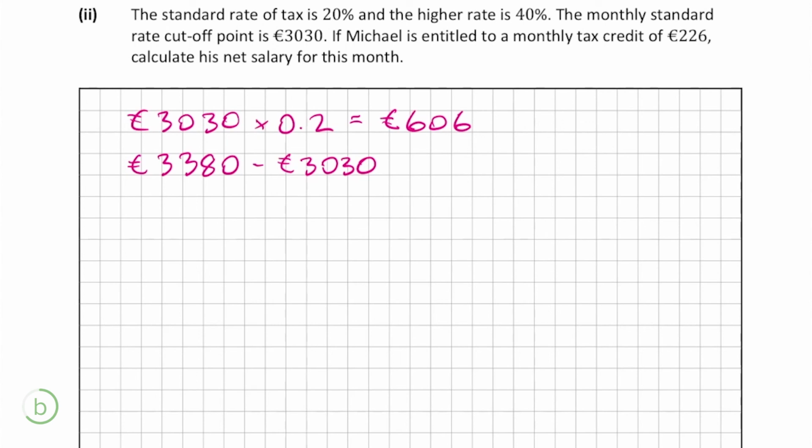And that's just his gross salary minus the €3,030 at the lower rate. And that's €350. So he's charged 40% tax on this €350, which is 350 times 0.4, which works out to be €140.